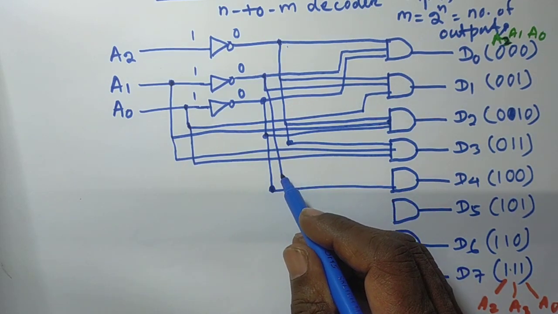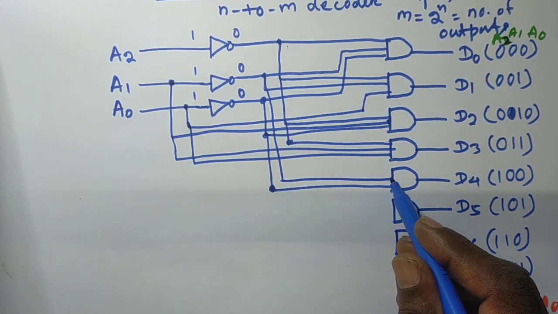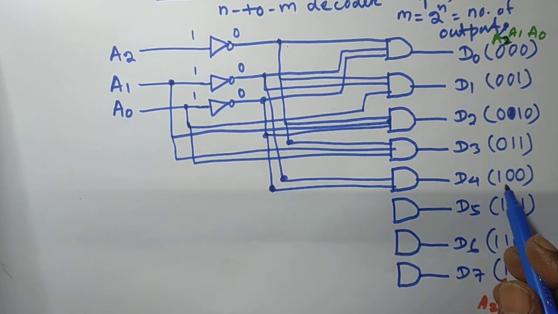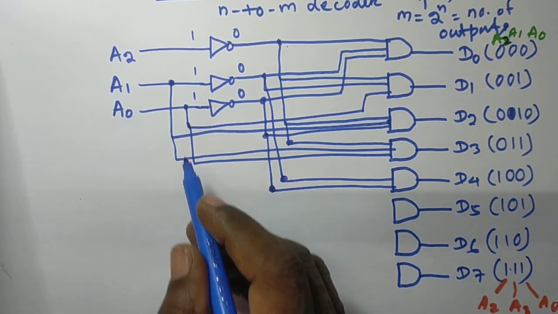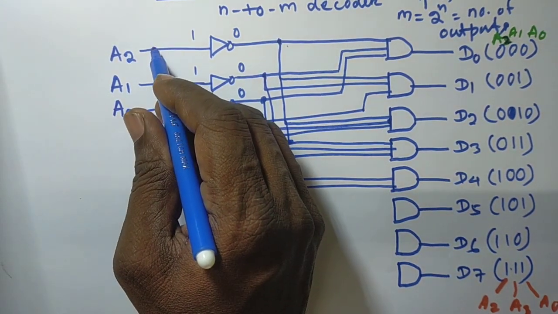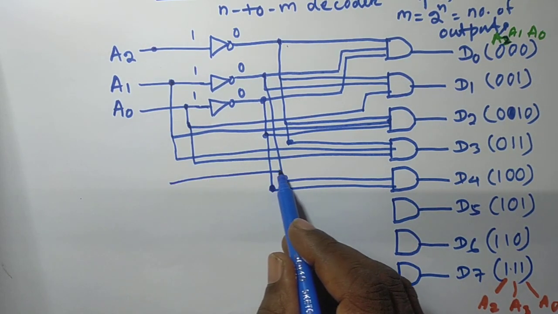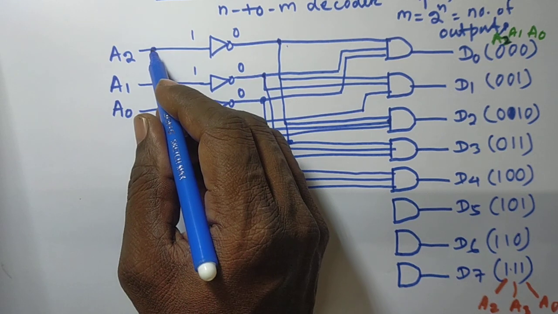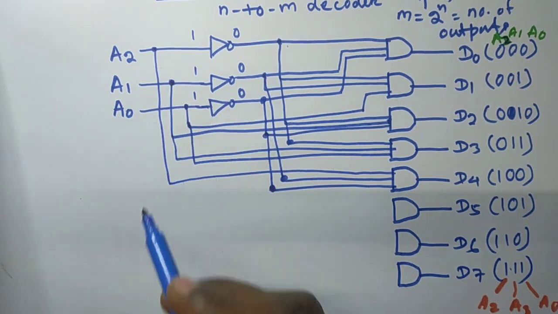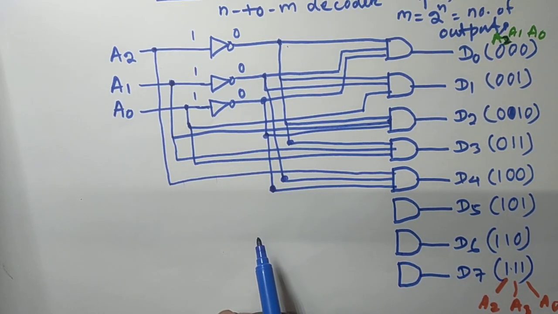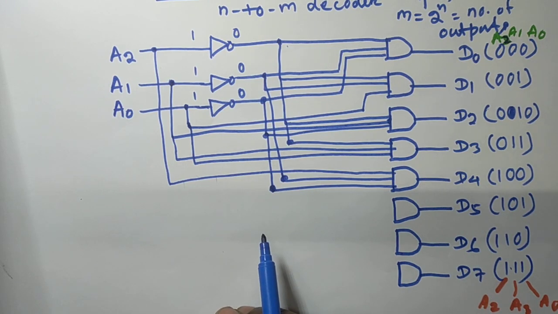And A2 is 1, which means we connect in this way.